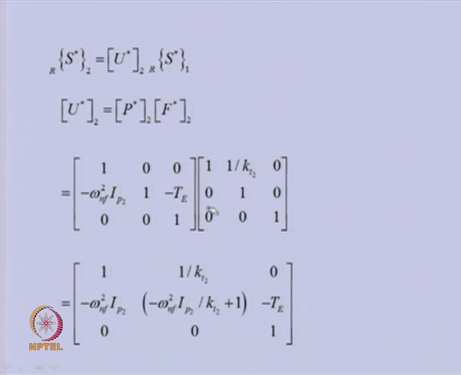If we multiply them, it will have this particular form. This is a 3 by 3 matrix and the external torque is here. As such, the first 2 by 2 rows and columns are the same as the previous ones, only this is coming.